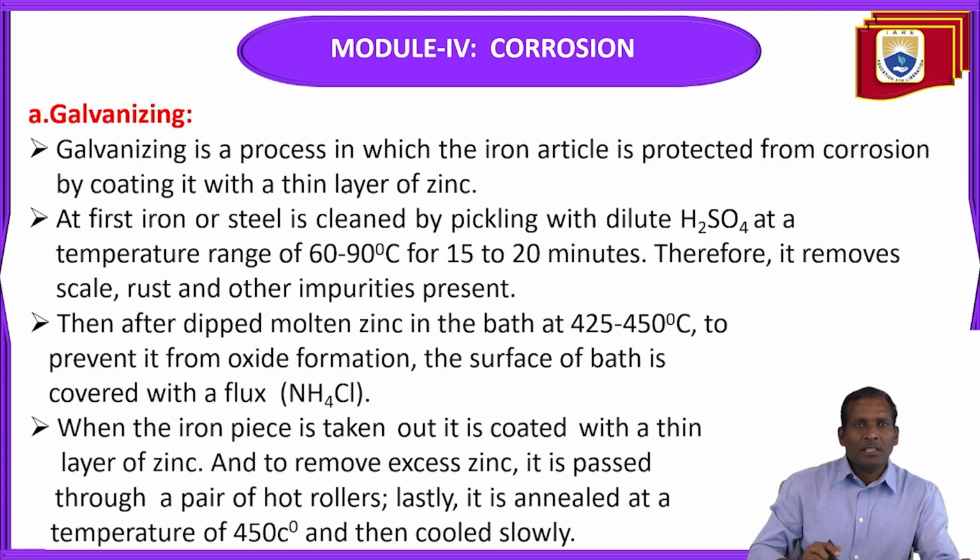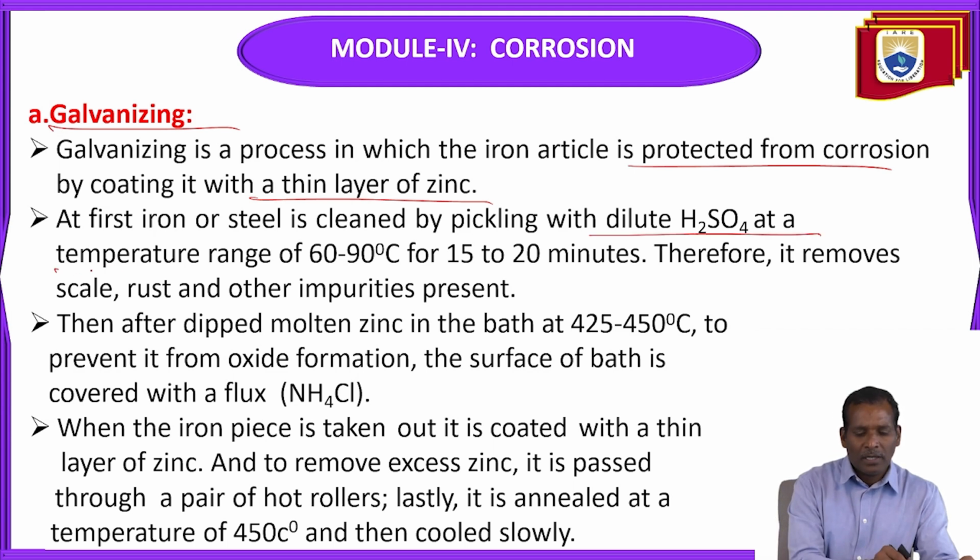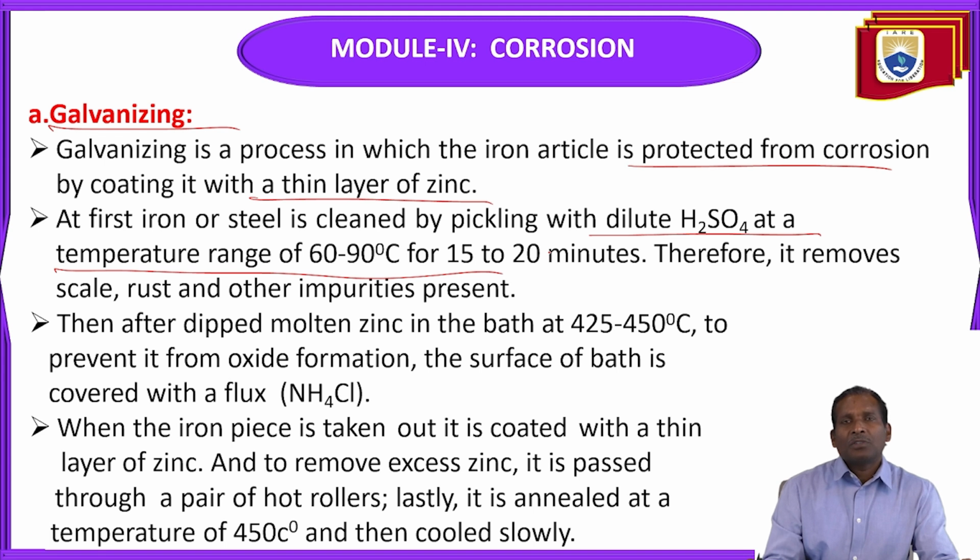Galvanizing is a process in which the iron article is protected from corrosion by coating it with a thin layer of zinc. At first, iron or steel is cleaned by pickling with dilute H2SO4 at a temperature range of 60 to 90 degrees centigrade for 15 to 20 minutes.